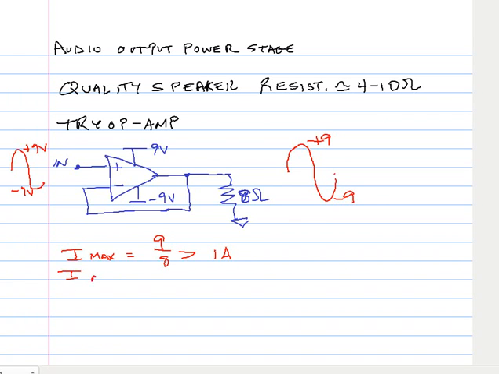I min would be the minimum voltage divided by the resistance, or minus 9 over 8, less than minus 1 amp. These numbers are too big for most amplifiers.